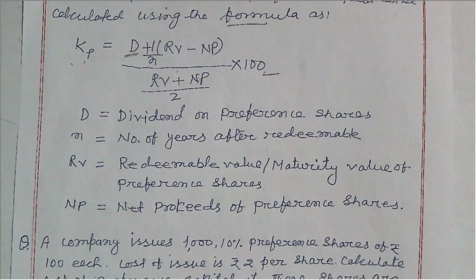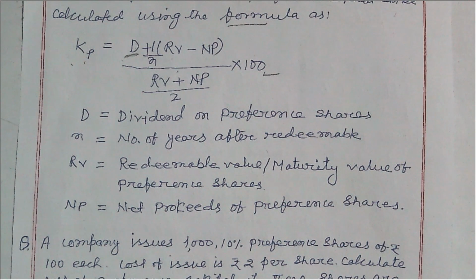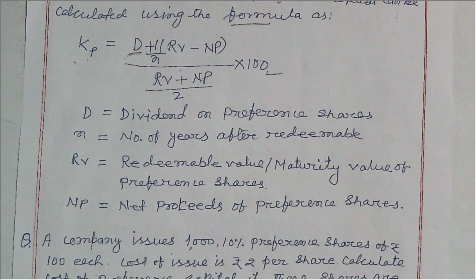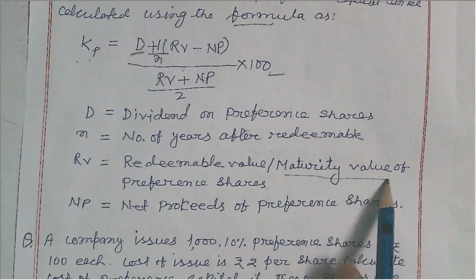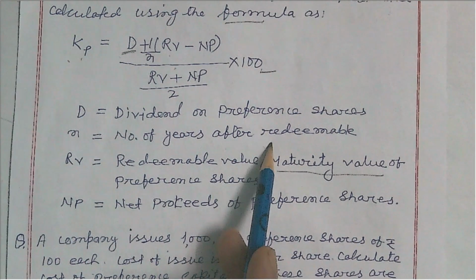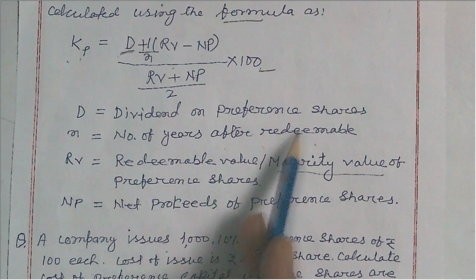The different components were explained in the preceding episode also: net proceeds of preference shares, redeemable value or maturity value of preference shares, the number of years after which they are redeemable, and the dividend on preference shares.